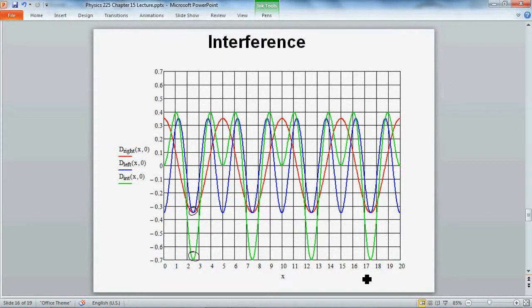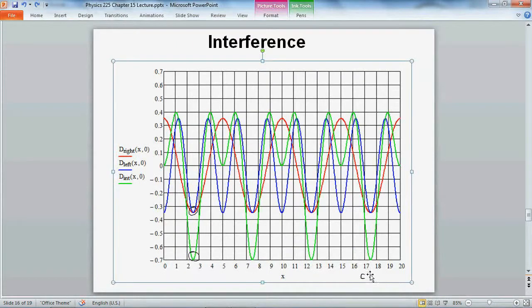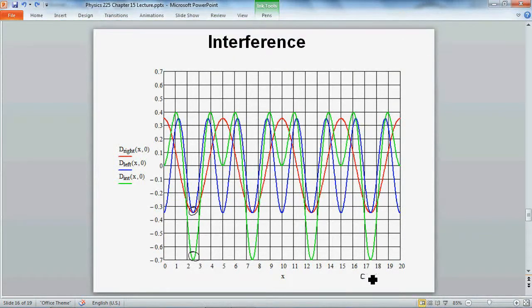These huge peaks here, the double, where you have the two peaks of the two waves meeting up, that's constructive. Whereas where the peak goes to 0, that's destructive. So this is a good example showing the two different forms of interference, constructive and destructive interference.